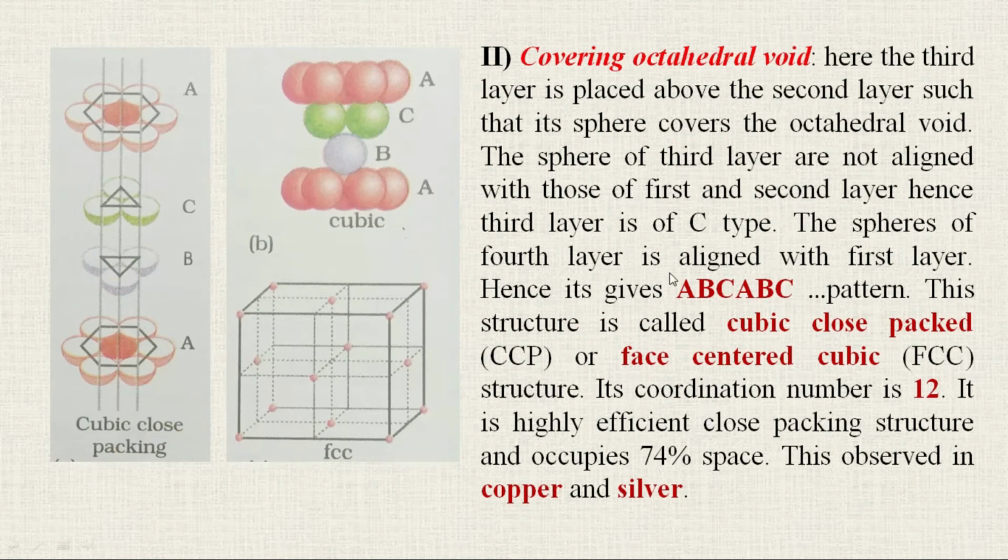A second possibility is that the sphere of the third layer covers the octahedral void. As we can observe here, let me consider this the first layer, this the second layer, the third layer and the fourth layer. Let me consider the second and third layer. If a trigonal void of the second layer is covered by a trigonal void of the third layer, by covering these two, we are going to get an octahedral void.